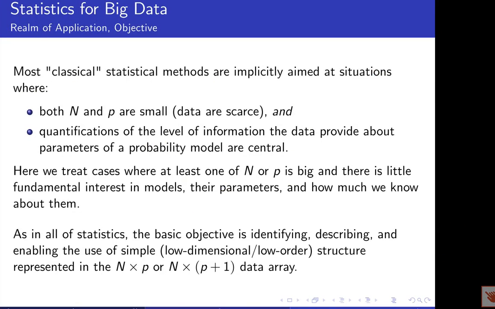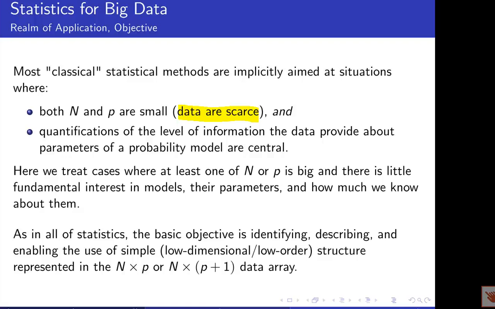Most classical statistical methods are implicitly aimed at situations where data are scarce, where one is in the business of wringing as much information as one can out of a relatively small amount of data. It's also usually the case that in that context, the people are worried about quantifying how much information data give about parameters of a fitted probability model.